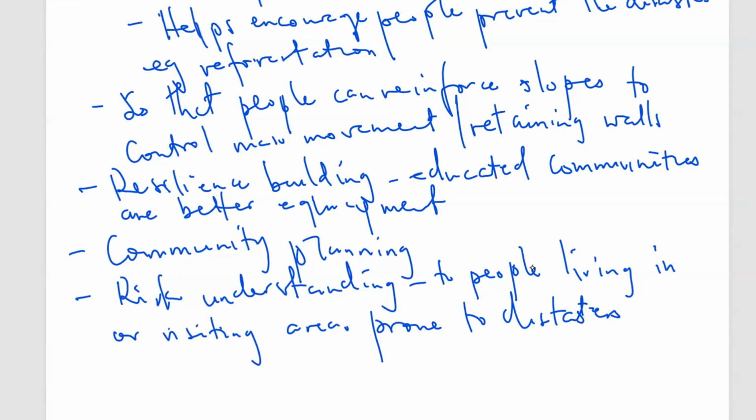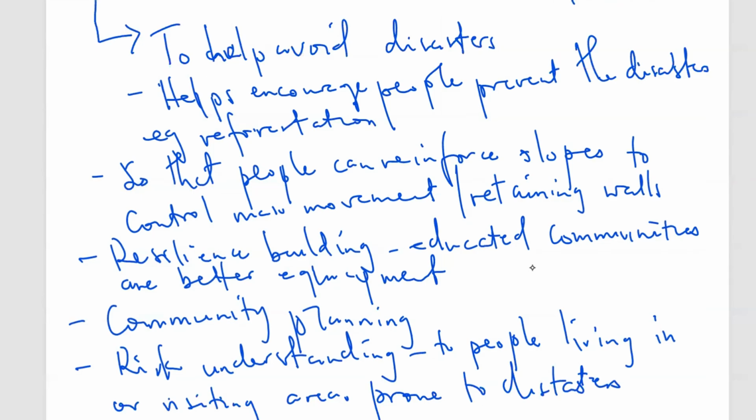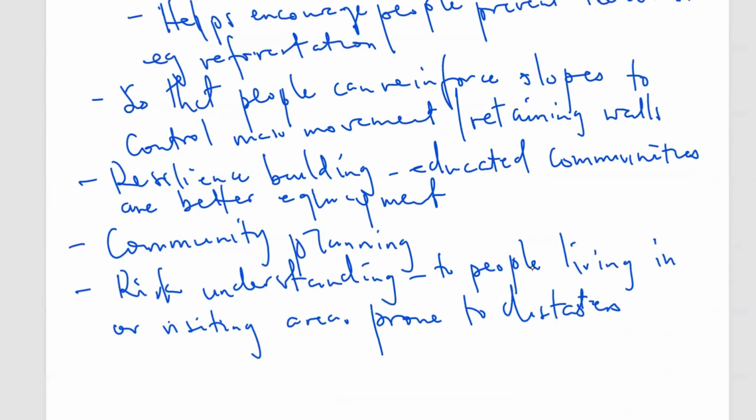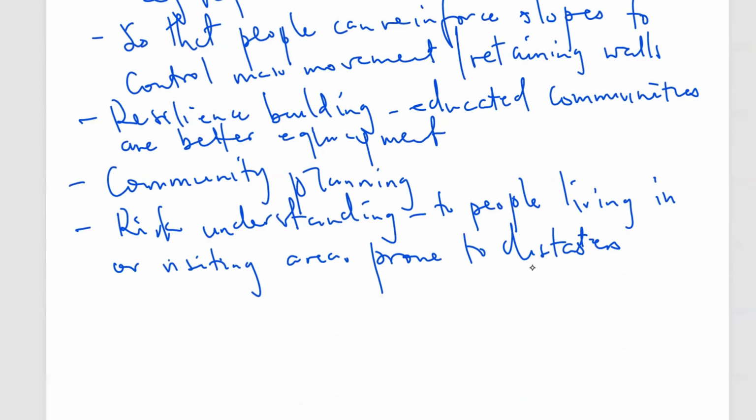So it's for risk understanding. People must know the risk associated with whether they are visiting a place or they are living in a particular place. They must understand the risk of their place of residence. They must know the dangers associated with the areas where they are staying or areas that they must be visiting. It's key, it's important that people are made aware of such dangers or such consequences so that whatever they are doing, they know that there's a risk associated with the places where they are staying or with the places where they intend to visit. Right.